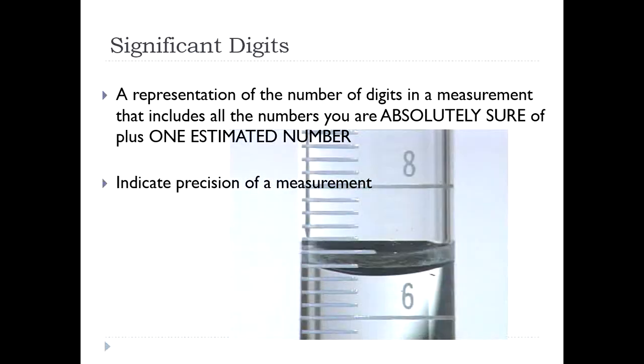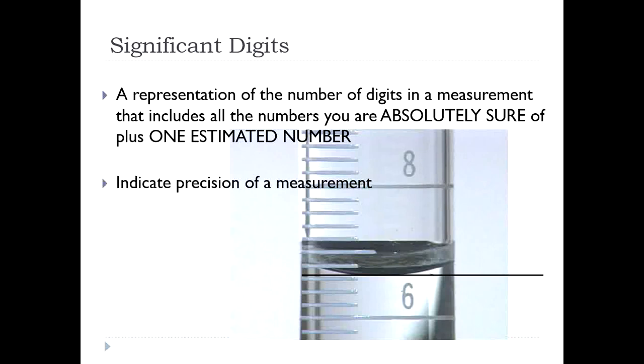So if we look at this graduated cylinder and the water that's inside it, and I am asking you to read the volume of this water, we're looking at the meniscus, and we see that it's going up by 0.2. So we can say that it's somewhere between 6.6 and 6.8. Now, if I want to be precise, I will say that it's probably right around 6.62.